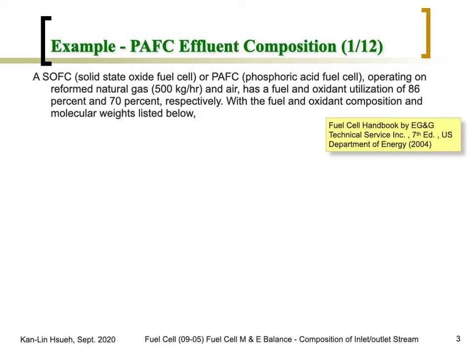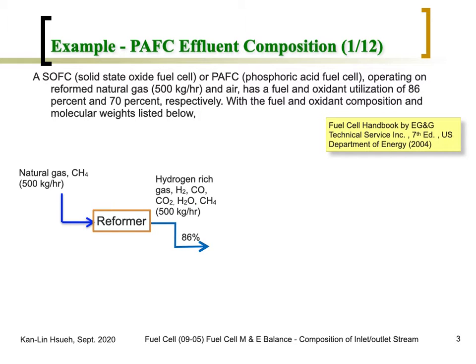Instead of reading the question, the example, I use a graphic to explain what this is asking for. Natural gas comes in at 500 kilograms per hour. It goes through the reformer and generates hydrogen-rich gas such as hydrogen, carbon monoxide, carbon dioxide, and some remaining natural gas. The total mass is still 500 kilograms per hour.